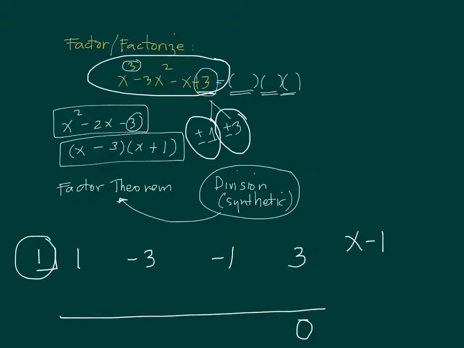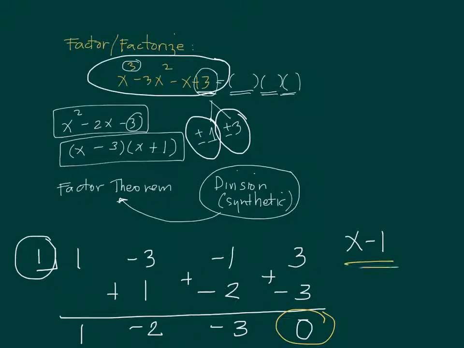If I bring down 1, this is 1 times 1, so 1, then we add, so this is negative 2, multiply negative 2 by 1, it will give you negative 2, then you add again, negative 3, negative 3 times 1 is negative 3, and if you add it, it will become 0. So we were able to confirm that x minus 1 is one of the factors.